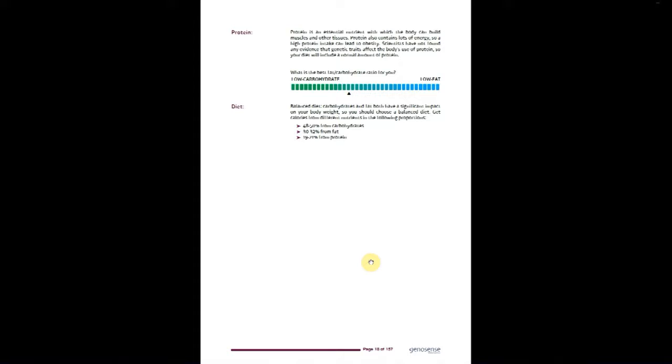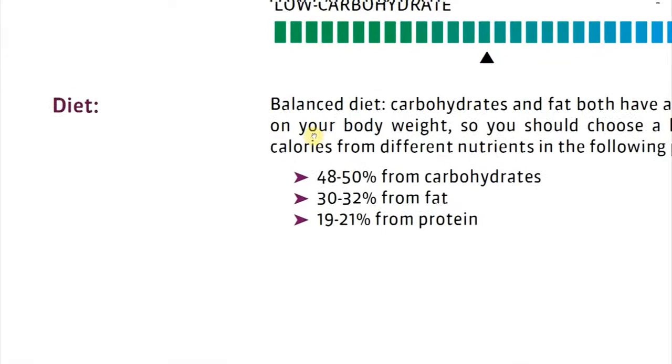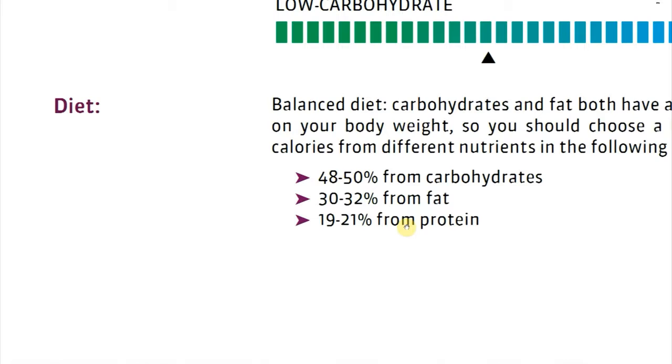One thing you're going to see here, I'm going to just zoom in a bit, you get a recommended percentage. And this is just for your information. For your genes to lose weight most effectively, from scientific studies, we know that 48 to 50% of your calories should be from carbohydrates, 30 to 32% from fat, and 19 to 21% from protein.